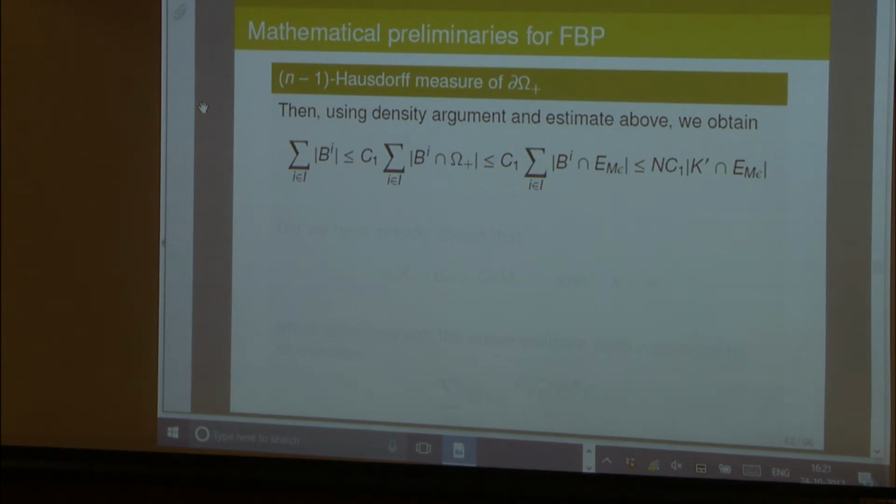And then how many do you need? You need n. If you take 1 over n to the power alpha, and then you take n balls to cover it, if alpha is less than 1, as n goes to infinity, this goes to infinity. If alpha is larger than 1, this goes to 0. So that tells you already the dimension of this one. Alpha should be 1 to get the constant. So that's the Hausdorff thing.